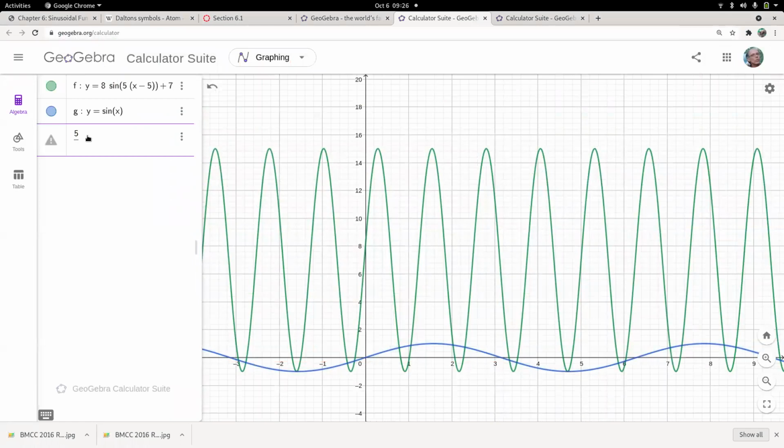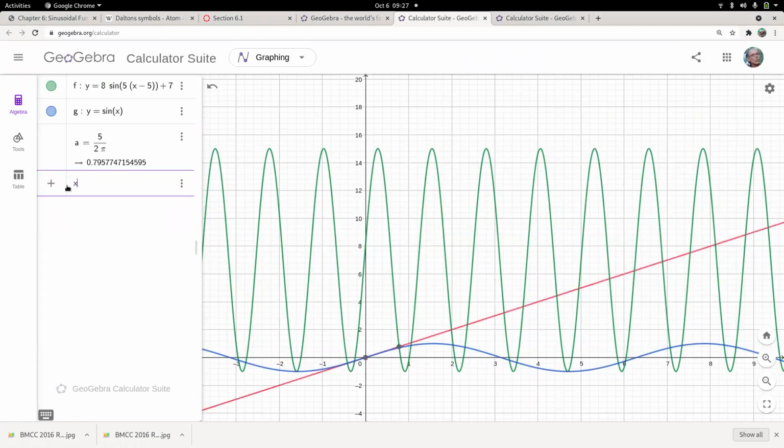So 5 divided by 2 pi, I get 0.8-ish. So every unit, this does like 80% of a complete wave. And so just to see that happen here, let us graph the line x equals 1.